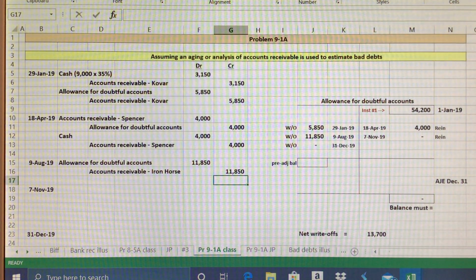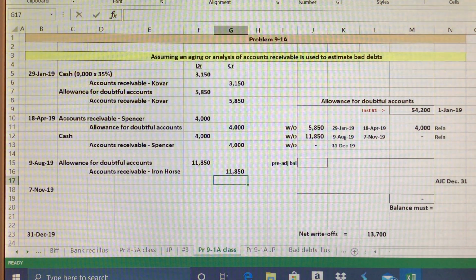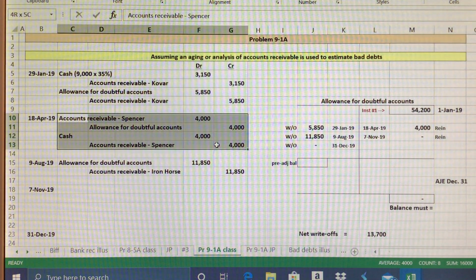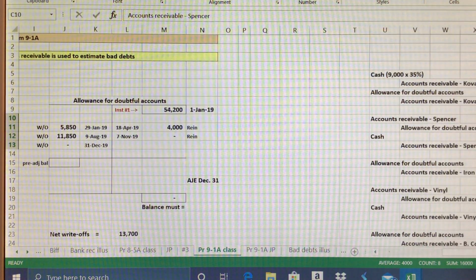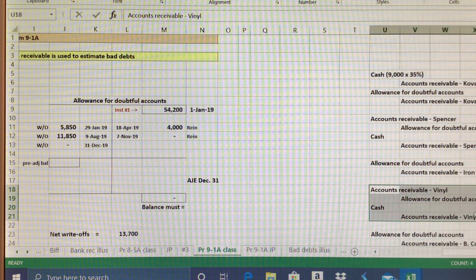Another reinstatement. $7,000 from Vinyl Company. That's just going to be another one of these, right? Bring the receivable back to life. Collect the money. Let's go get those debits and credits over here. This is the old Vinyl Company.